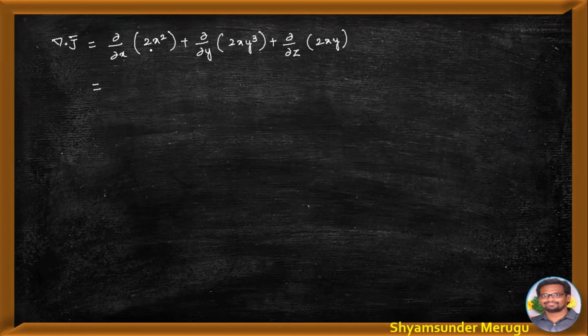Simplifying, this term is partially differentiated with respect to x, so we get 4x, plus this term partially differentiated with respect to y gives 6x y squared, and here we don't have any term related to z, so this entire term becomes 0. So we get del dot J bar equals 4x plus 6x y squared.